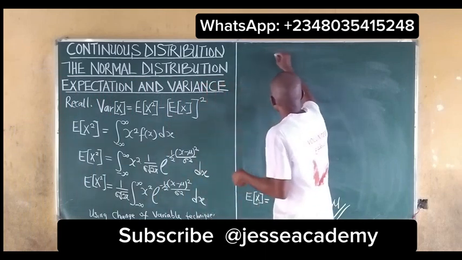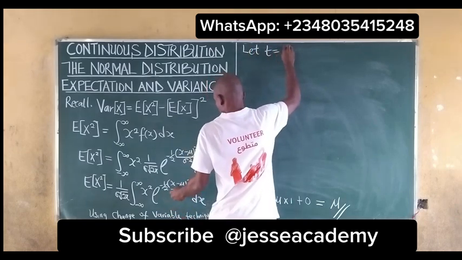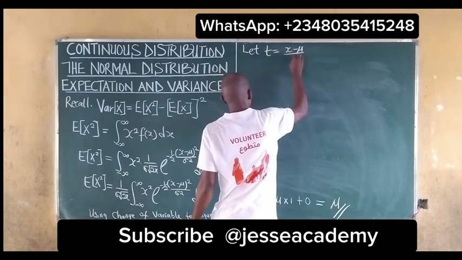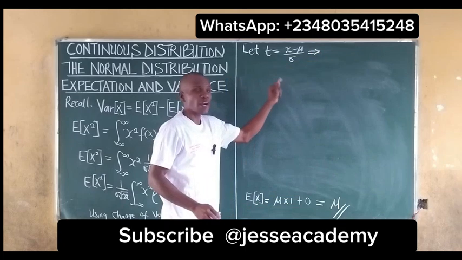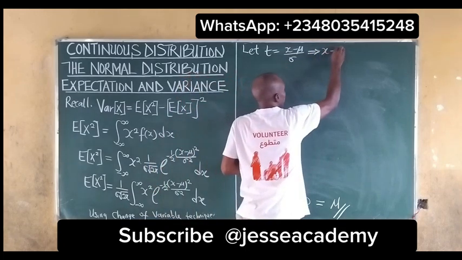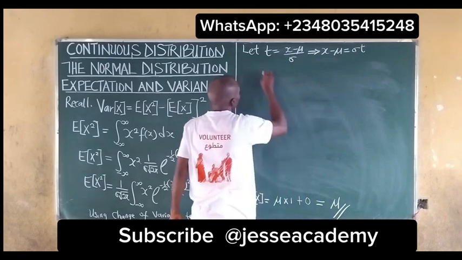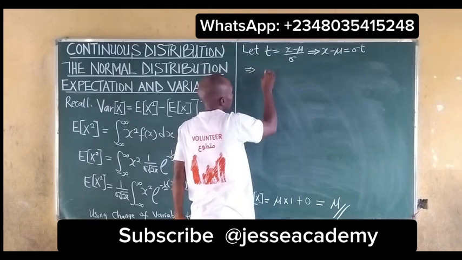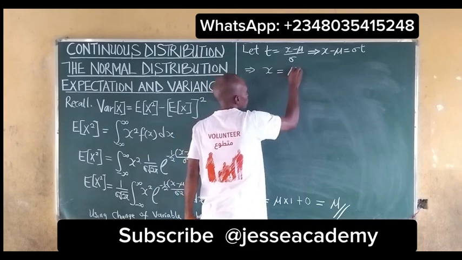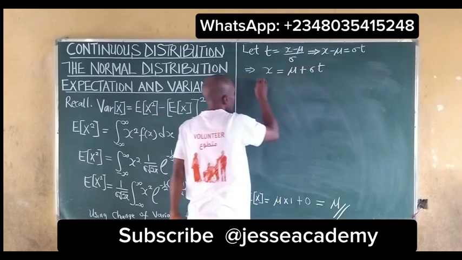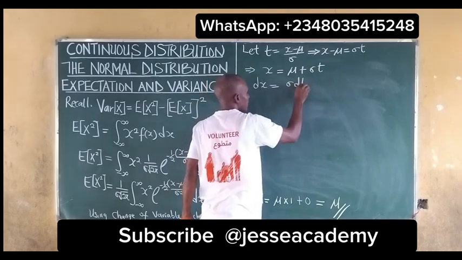So moving over to this side, we said let t be equal to x minus mu all over sigma, which implies, since we are using the change of variable technique, that x minus mu is equal to sigma t, which also implies that x is equal to mu plus sigma t, and dx is equal to sigma dt.